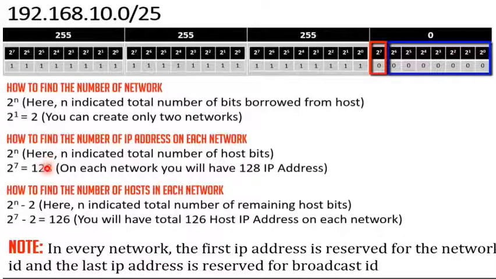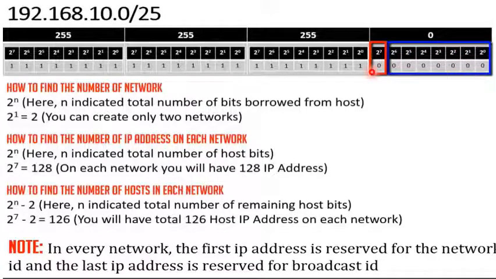Then the second question is how to find the number of IP addresses on each network. You already know there are two networks. Now, how many IP addresses are available in each network? Again you use the same formula 2 power n, but here n indicates the total number of remaining host bits. The host bits total 8.